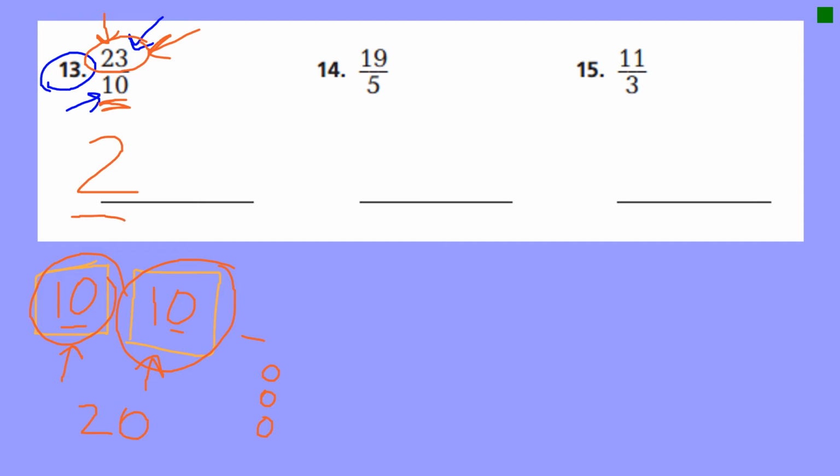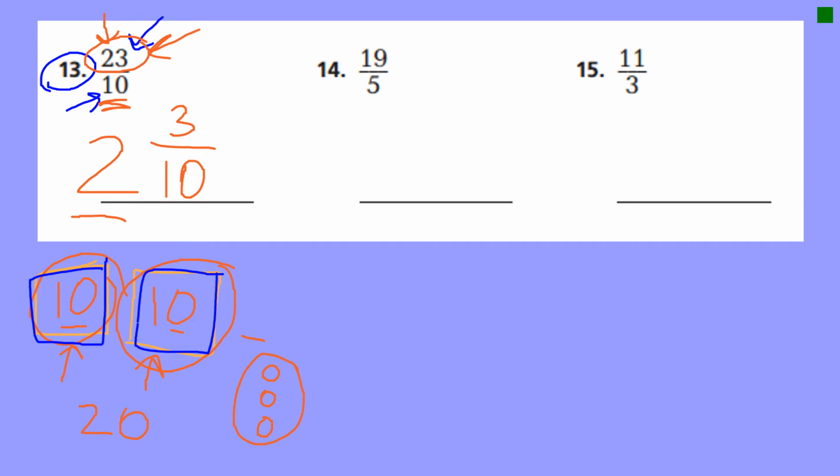So 2 and 3 pieces out of 10 that make a whole. So 23 tenths is equivalent to 2 whole things, 10, 20, and 1, 2, 3, 23.